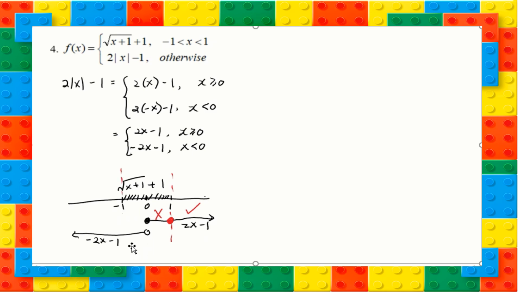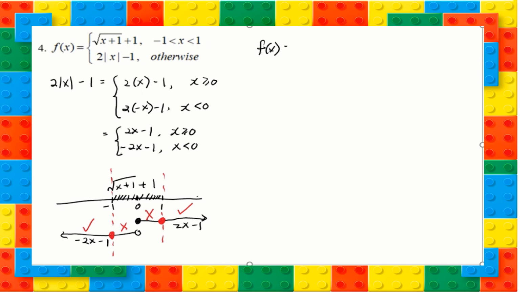This region of x is not available for -2x minus 1, whereas -2x minus 1 can only start from -1 and less than -1, including -1. So based on this diagram, now we can rewrite the piecewise function.